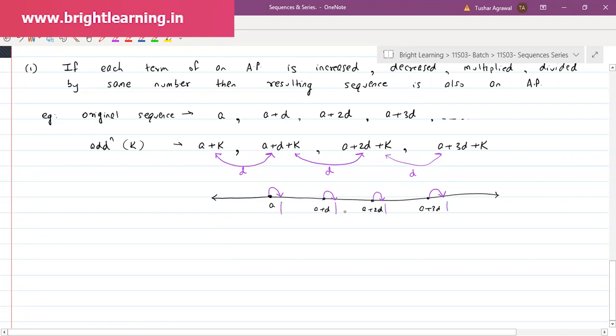The previous intermediate distance was D, and now also the intermediate distance will be D only, because all of them are shifting to the right by the same unit. If K is negative, they will all shift to the left. For subtraction also the result will be the same, nothing new: A minus K, A plus D minus K, A plus 2D minus K, A plus 3D minus K. Clear up to this point? Yes, sir. Okay.